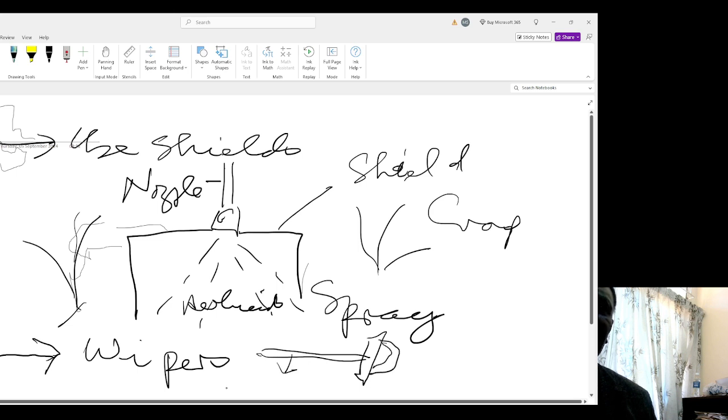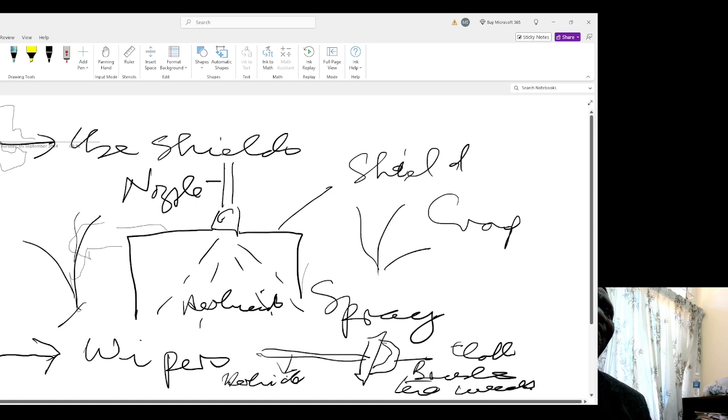Here you can put herbicide, and at the end here you have got probably cloth which brushes the weeds. Right?